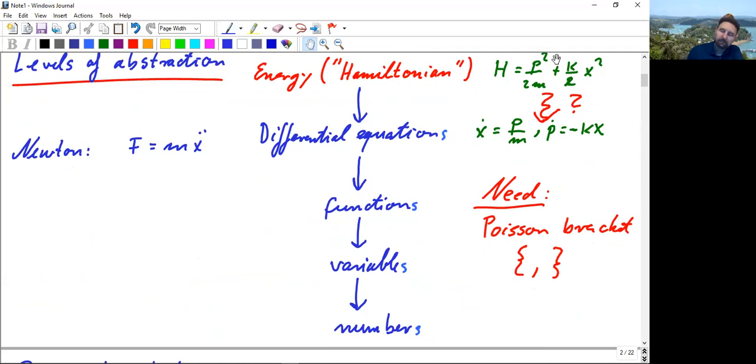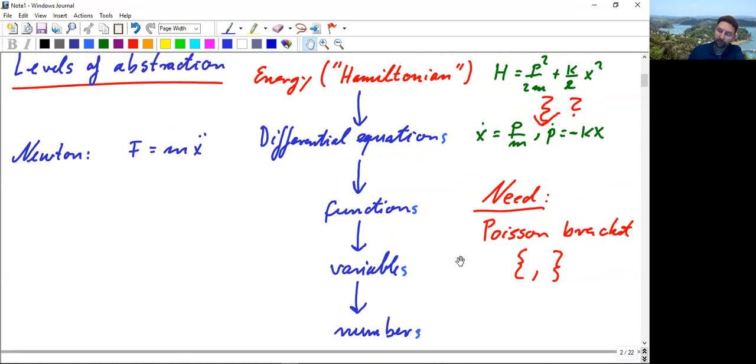Somehow, given the total energy of a complicated system, such as molecules used for quantum computing, from the total energy expression, the Hamiltonian, the Poisson brackets give us a means to derive all the equations of motion, all the differential equations that need to be solved. So we get from the top level of abstraction, the energy, the Hamiltonian, down to the differential equations level.